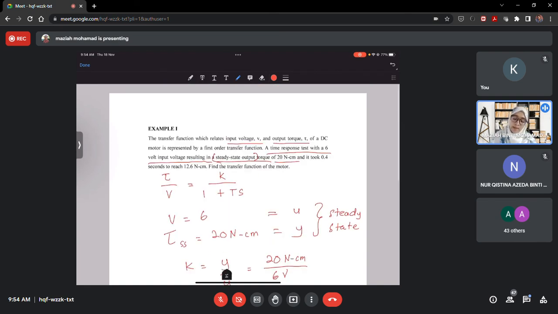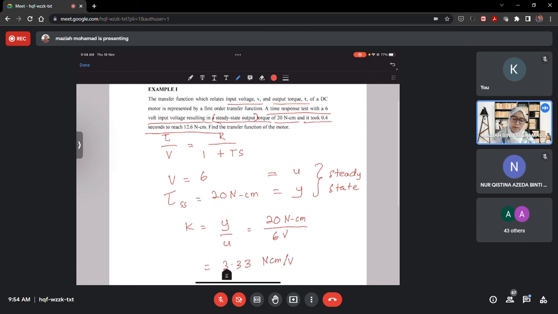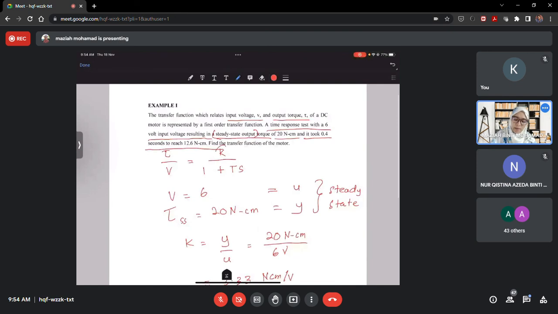The last information is it took 0.4 seconds to reach 12.6 Newton centimeter. So let's find the transfer function. Meaning you need to find K and you need to find T. We already know K, so it is 3.33 over 1 plus TS.